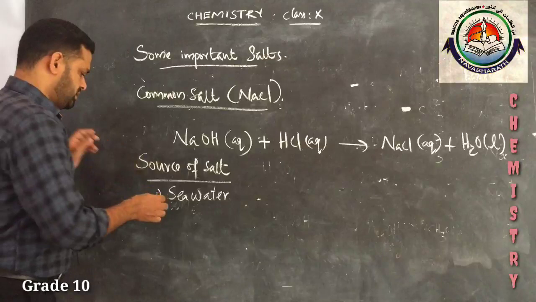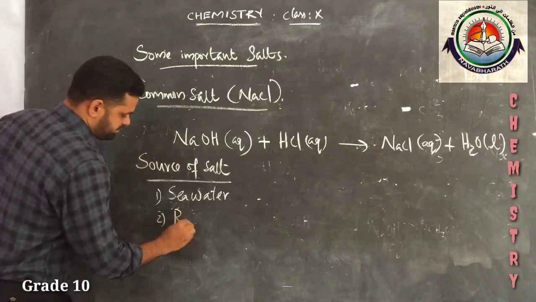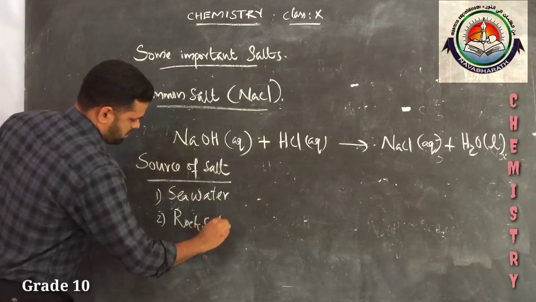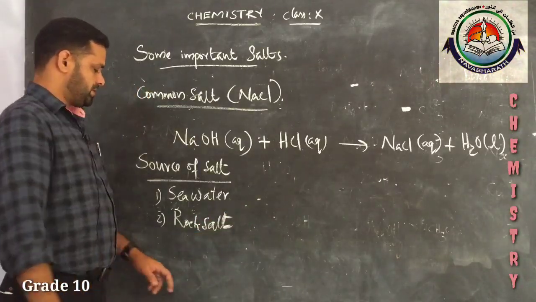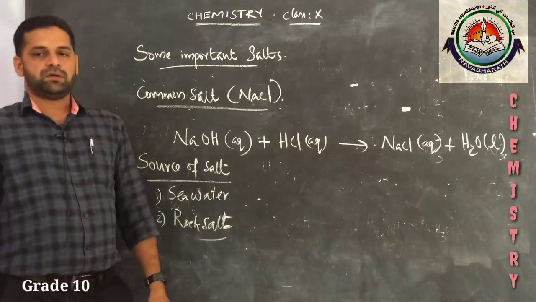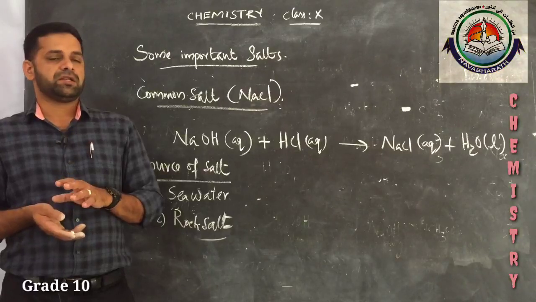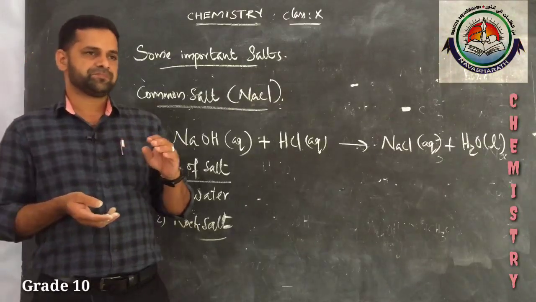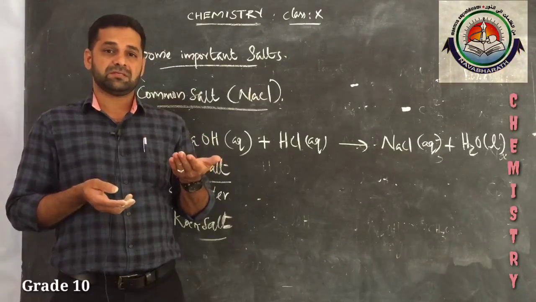Another source of sodium chloride is rock salt. You know, rock salt is found in different parts of the world, and it often looks brown in color.